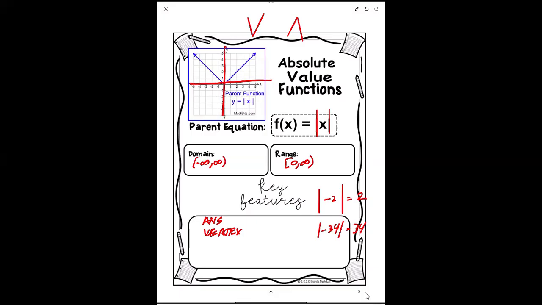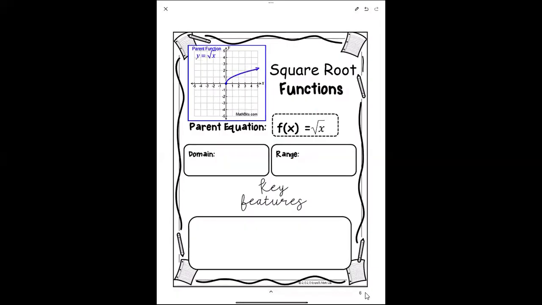All right. Let's keep going. Next function is the square root function. I guess the key idea for this one is square root functions cannot have negative x values. So the domain starts at 0 and it goes to a positive infinity. The range is also 0 to a positive infinity.